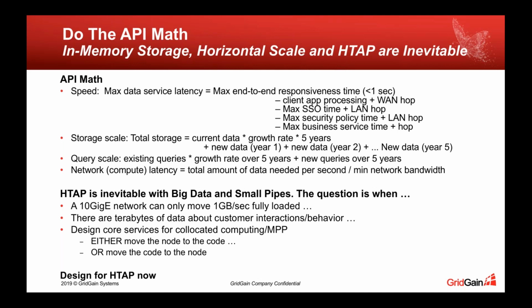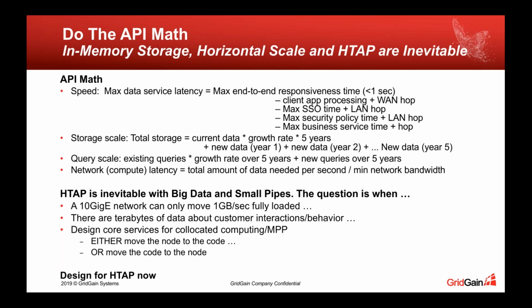A 10 GE network, which is what we all enjoy if we're lucky at work, most of us, can move a gigabyte per second if we're lucky, if it's fully loaded, no collisions, which pretty much never happens. So it's less than a gigabyte a second. You'd need 100 networks to do that. The only way to do those calculations is to move the code to the node, the code to the data, and run it there.